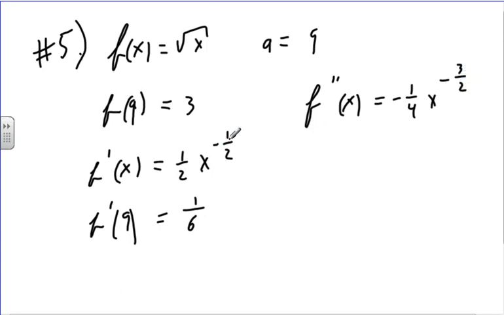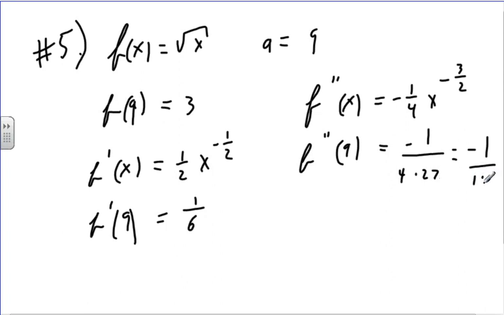So I got to subtract 1 from 1/2. F double prime at 9. Okay, so that'd be minus 1 over, I've got a 4, and I've got the square root of 9, which is 3, and then I got 3 cubed, which would be 27 times 4, minus 1 over 108.